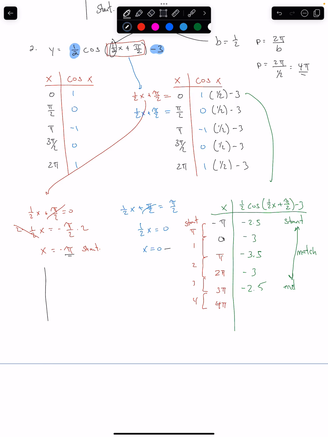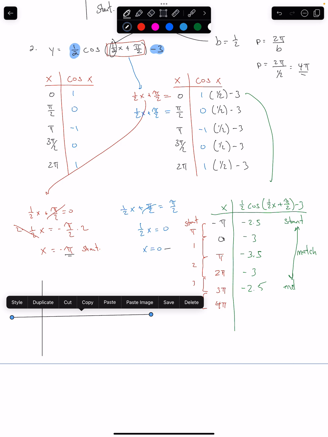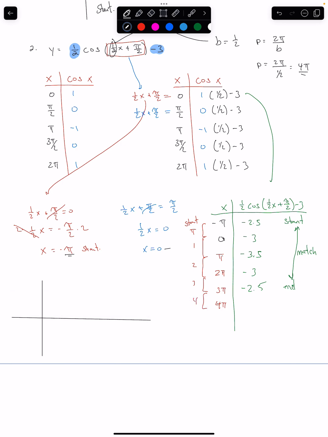All right, and then if I'm graphing this, bring this line up a little bit.